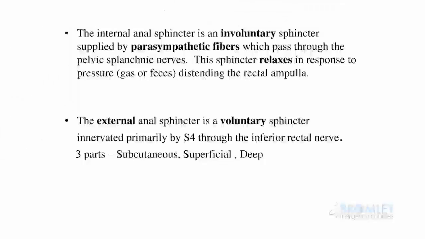And most of the time, the internal sphincter is tonically contracted, and that is to prevent leakage of fluid and flatus. But when there is feces or gas in the rectal ampulla, it relaxes temporarily in response to distension of the rectal ampulla.